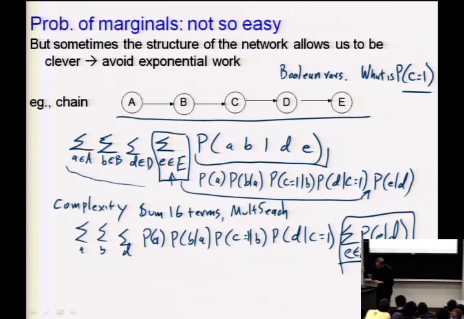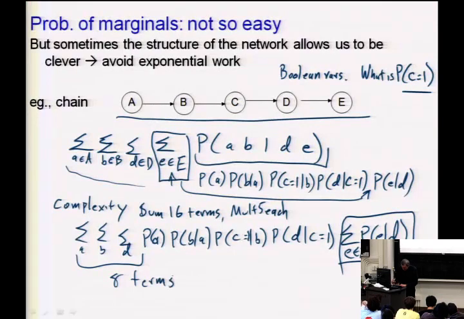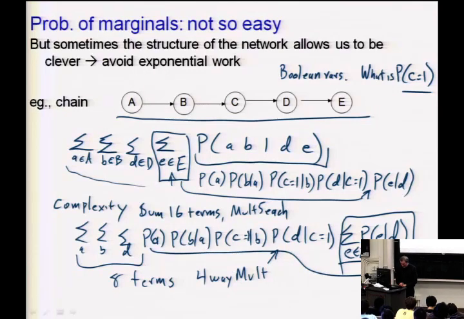And so this ends up letting me calculate a smaller complexity thing, because now I only have 8 terms and a 4-way multiply here. Well, I guess I still have to add that in.